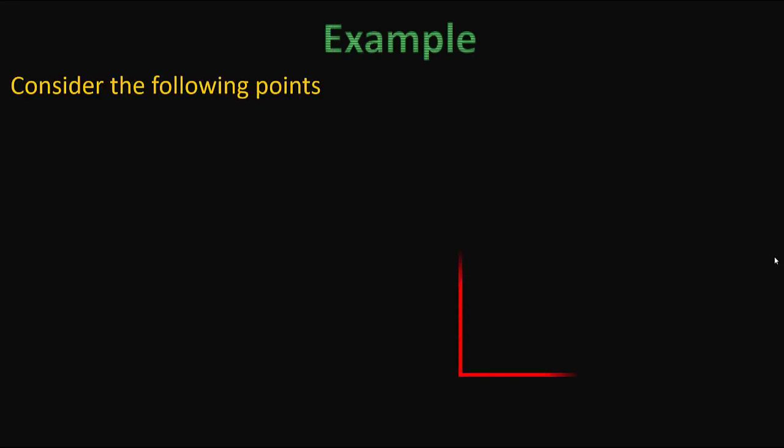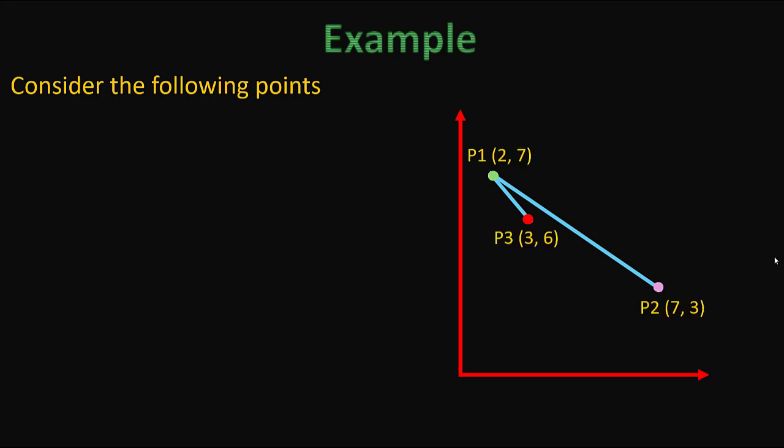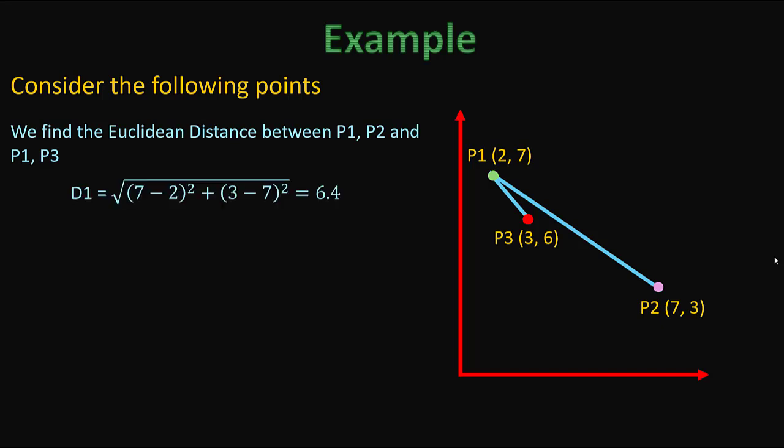Now let's see one example. Suppose we have these three points in this 2D space, and these are the distances between them. This is point P1 having coordinates (2, 4), point P2 (7, 3), and point P3 having coordinates (3, 6). We'll find the Euclidean distance between points P1, P2 and P1, P3.